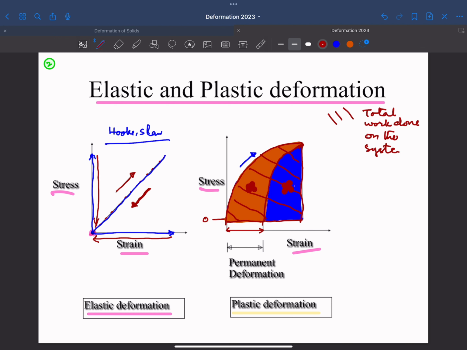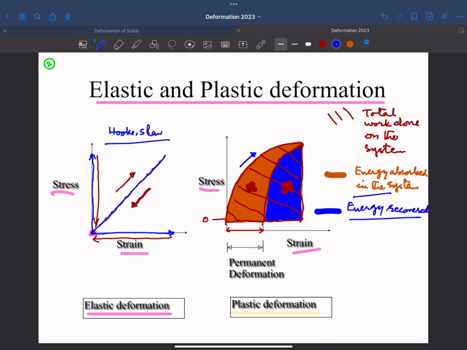And here you can say this is the area showing you the energy absorbed in the system, and we can make another line here, and this area shows the energy recovered. So this is the situation, and the number of times you will see these type of questions in your past papers.